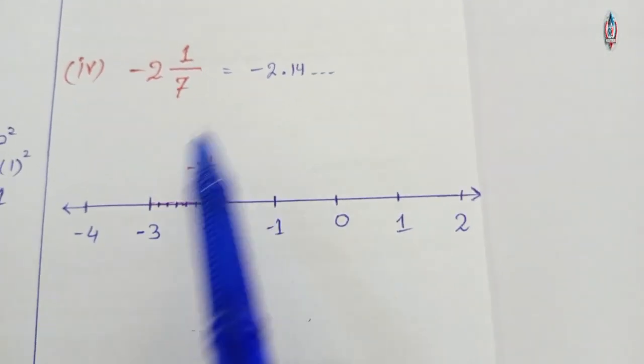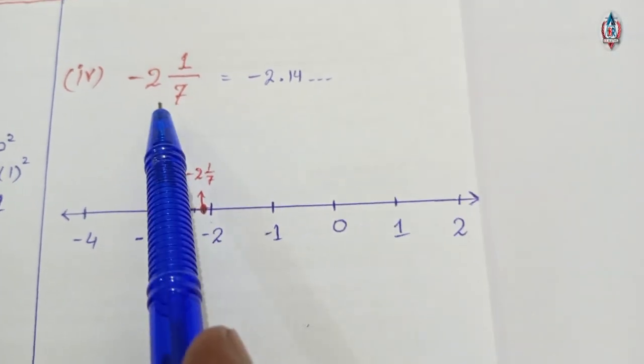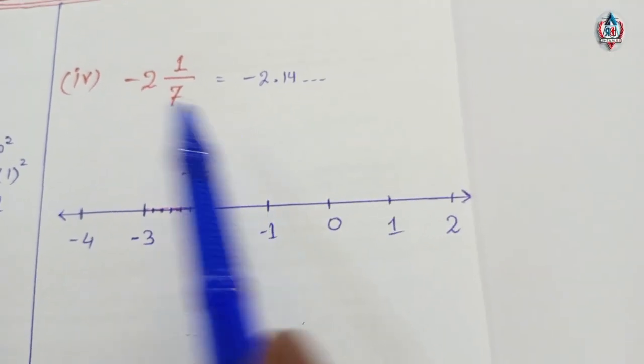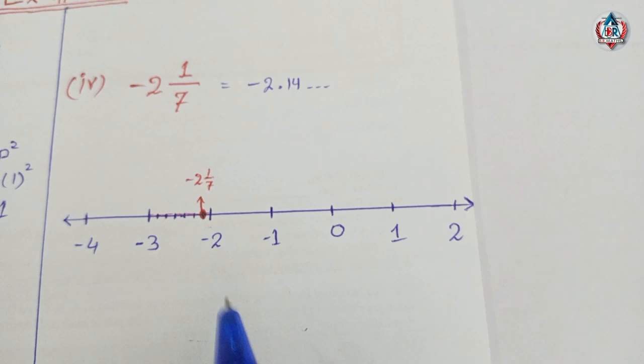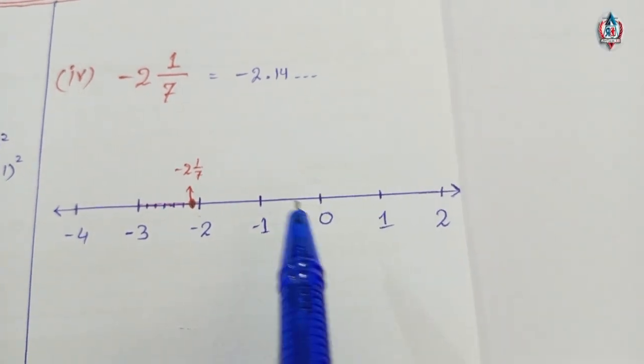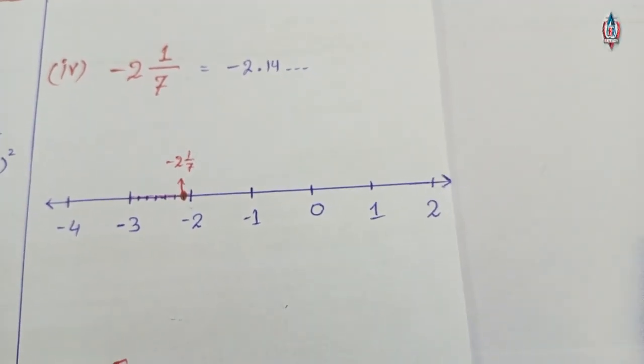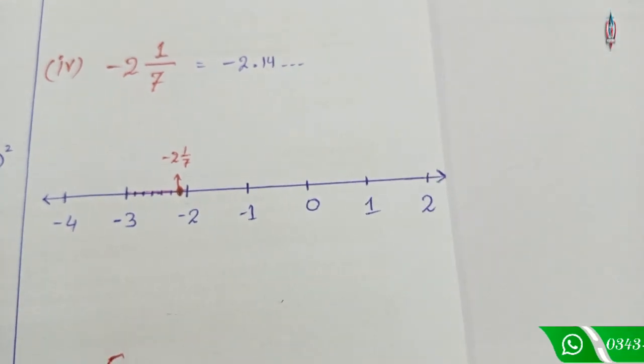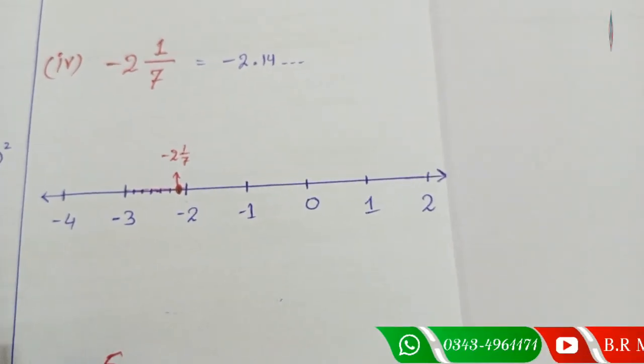This is a rational number: minus 2 and 1 by 7. Minus means negative. First draw the number line 0, 1, 2, with positive numbers on the right side and negative numbers on the left side.